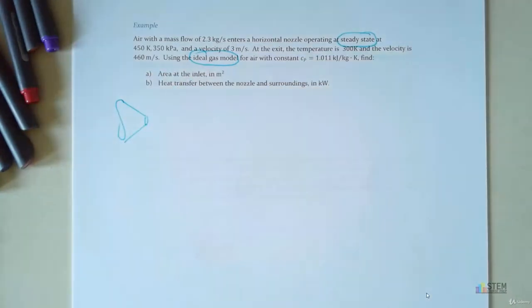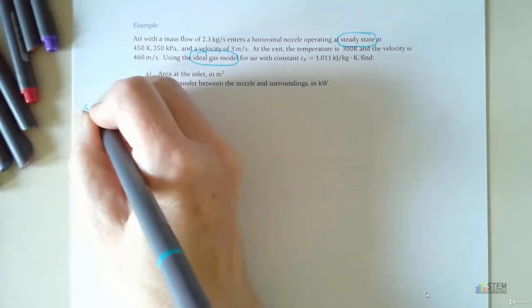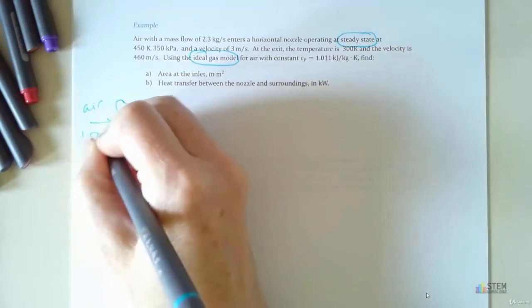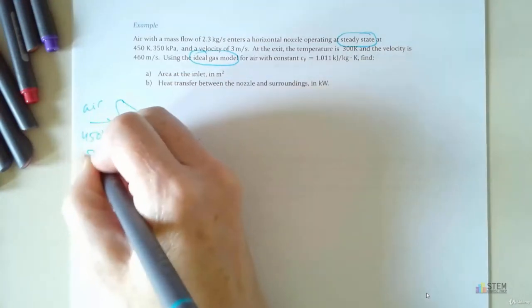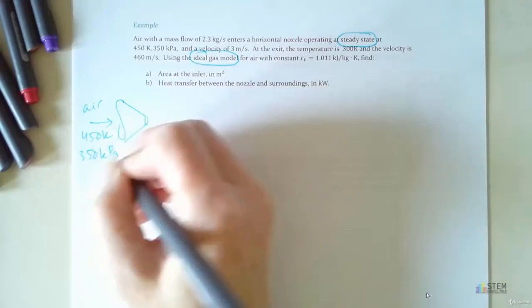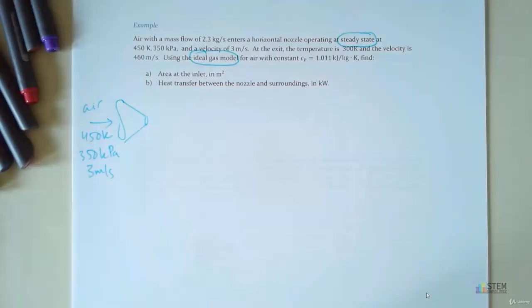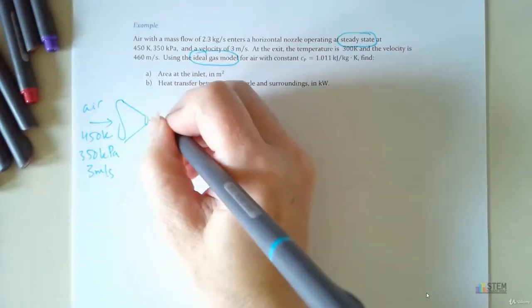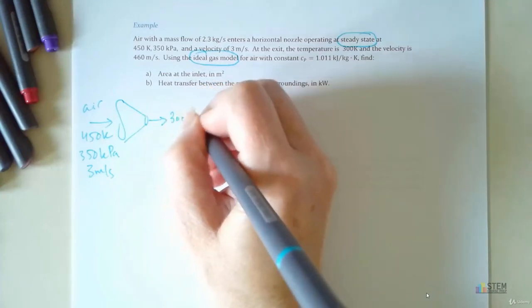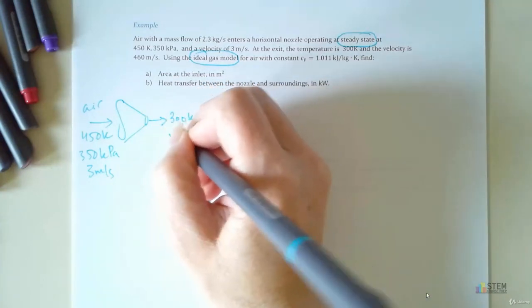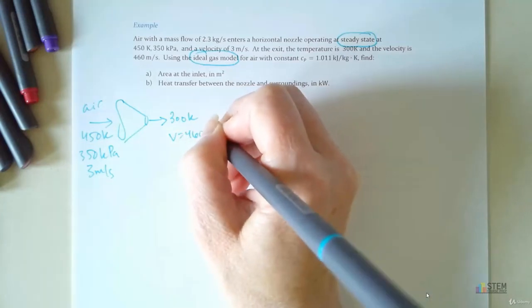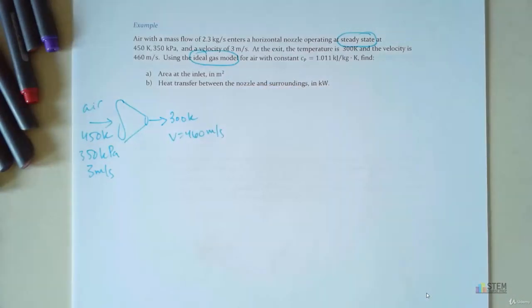So there's my nozzle. I've got air coming in here. Temperature is 450 Kelvin. Pressure is 350 kilopascal. Speed is 3 meters per second. At the exit, I've got a temperature of 300 Kelvin and speed is 460 meters per second.